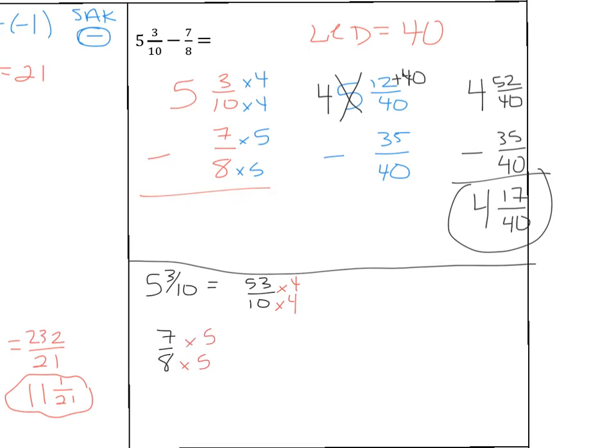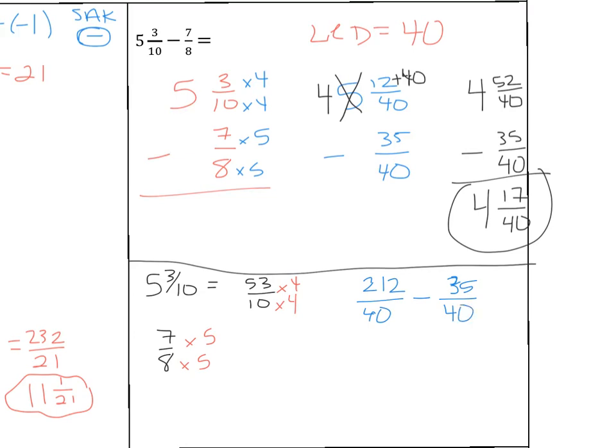I'm going to end up with, now see how this math is a little more difficult. Okay, so you have to be really good with your math facts to do this improper fraction business, right? So 5 times 4, that's 20, so 212/40 minus, and then we have 35/40.